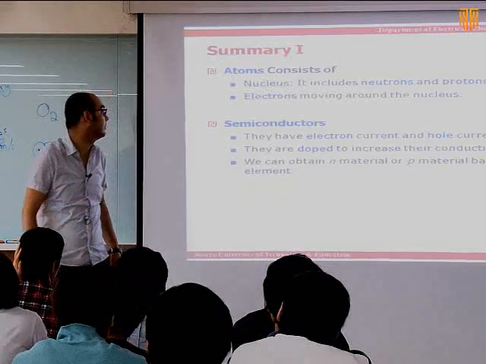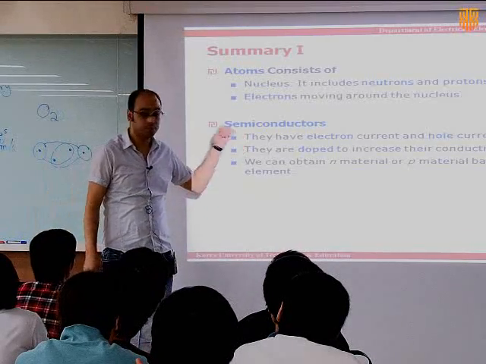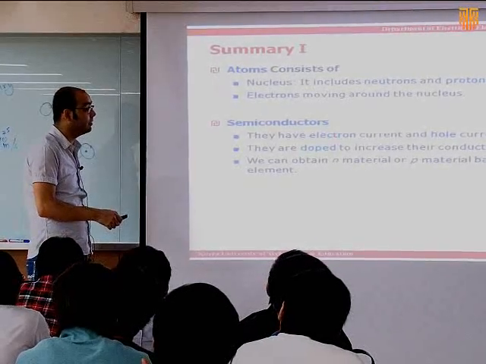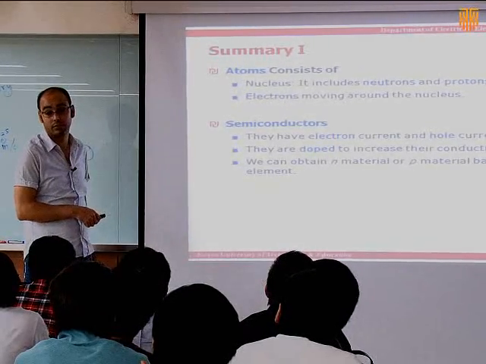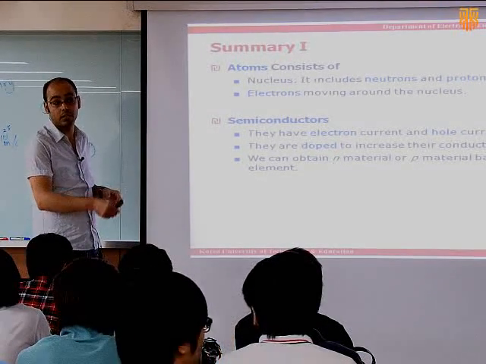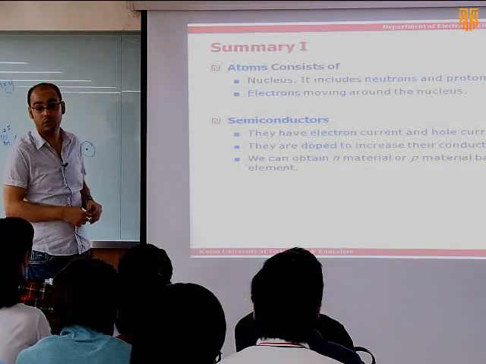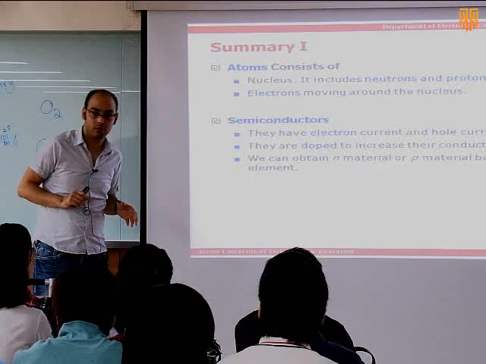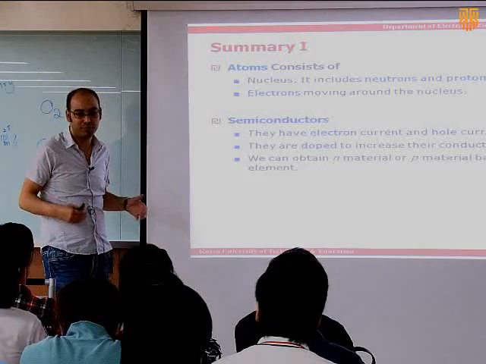And semiconductors have two kinds of current: electron current and hole current. The electron current when we have a free electron, the hole current when we have an added hole. Not a free hole but an added hole.